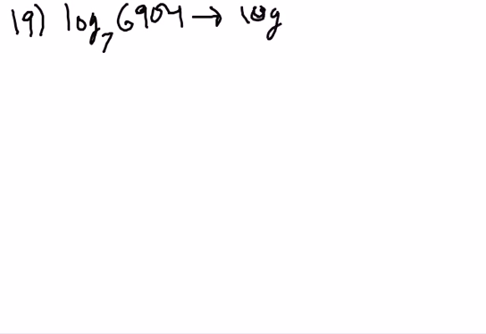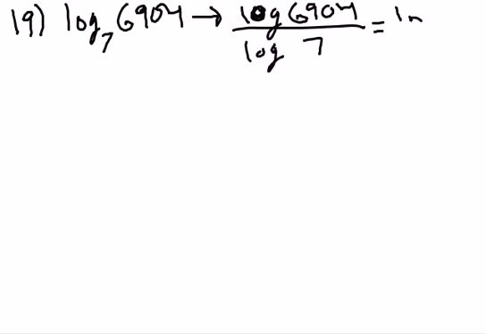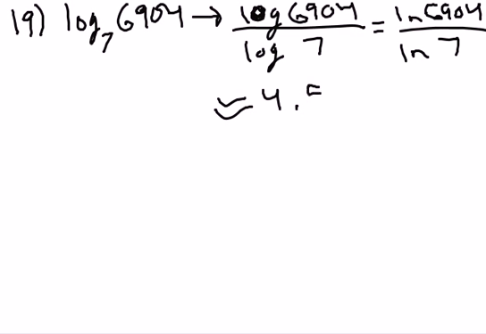Again, you can do ln of 6,904 divided by ln of 7, or log base 10 of 6,904, which is what I'm doing, over log base 10 of 7, which again is equal to ln of 6,904 over ln of 7. And if you do this in your calculator, and it says round to 3 decimal places, you get 4.543.